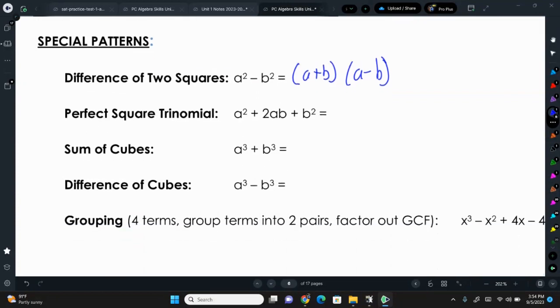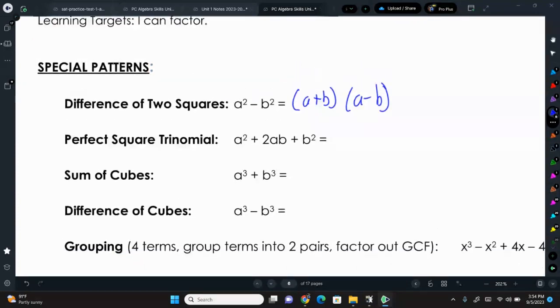You need to be aware that there is no sum of two squares. So you won't have anything a squared plus b squared. This is not factorable. So plus means it's not factorable, it must be minus to use the difference of two squares.